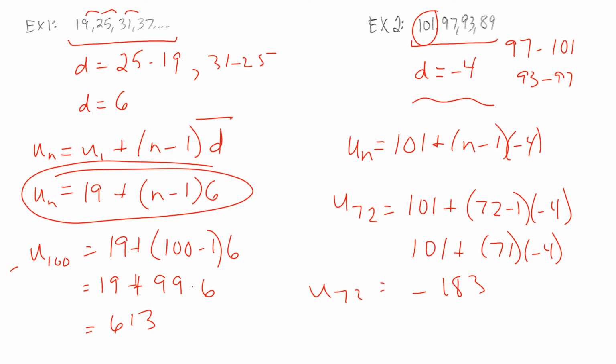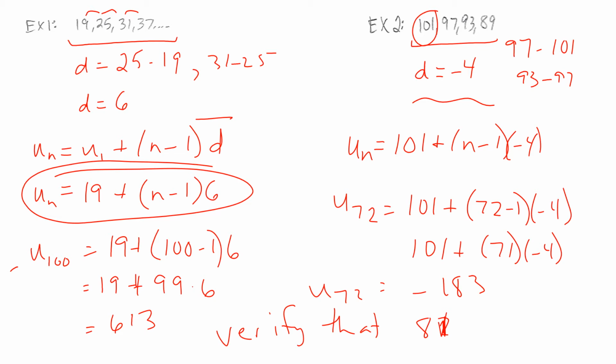So the other question that might happen here is they might say verify that, let's go 81, verify that 81 is a term in your list.